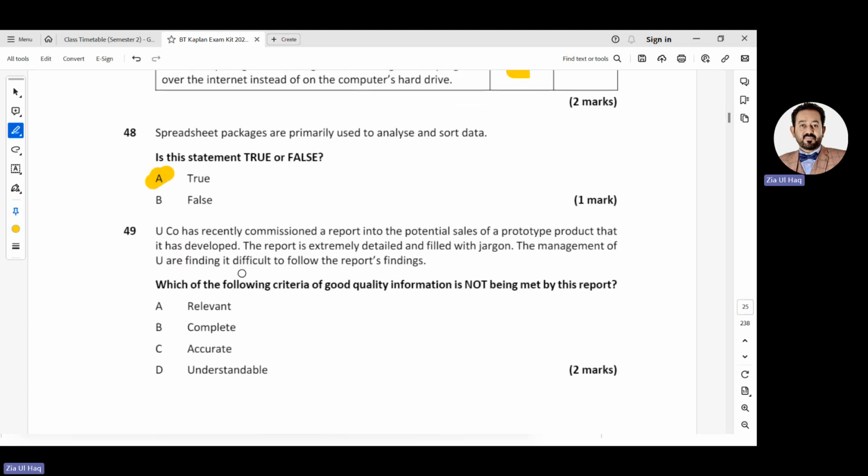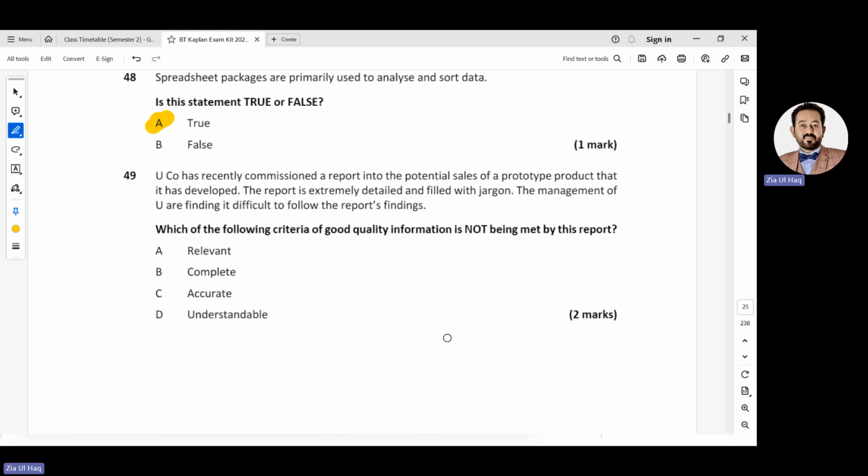49 company has recently commissioned a report into the potential sale of a prototype product that it has developed. And they have received a sale report of new product. The report is extremely detailed and filled with jargons. Jargons mean slang terms that people cannot understand easily.